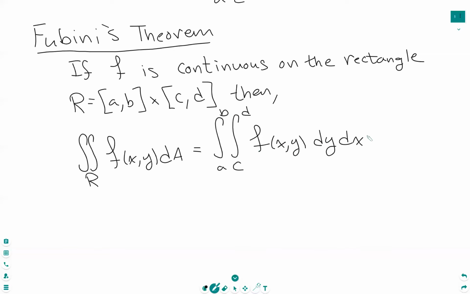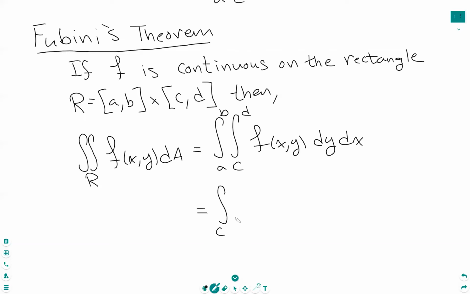dx. Now you might be asking yourselves, well, why was it so necessary for us to go the y direction first, add up all of those areas along that trace, and then go in the x direction? Well, it's not. In fact, because this is a rectangle, it's really nice for us to reverse this order. So we can write it in the opposite order as well.